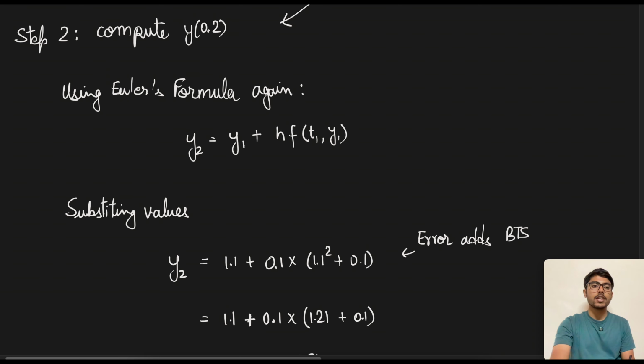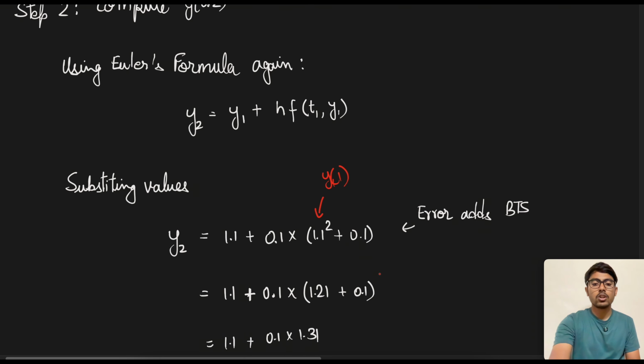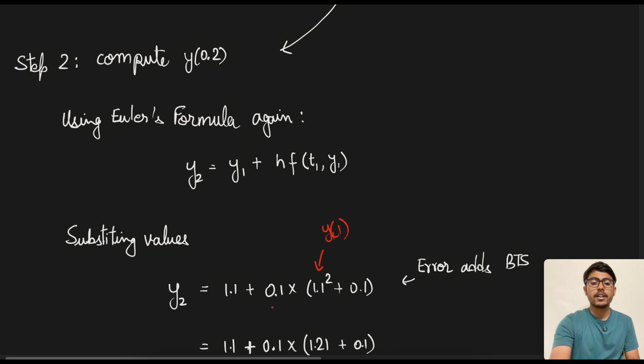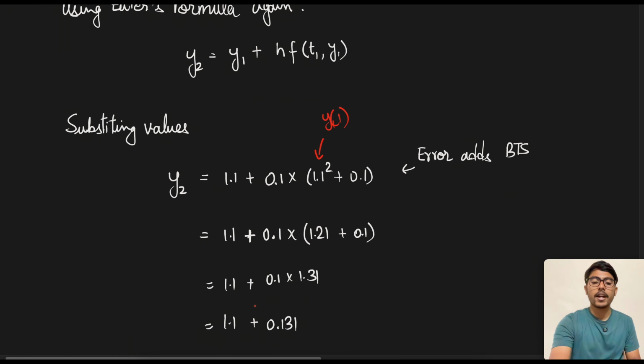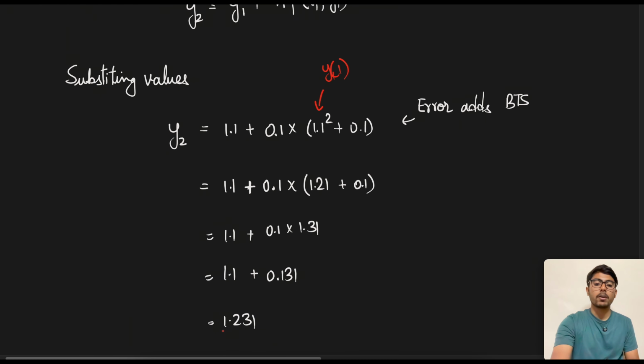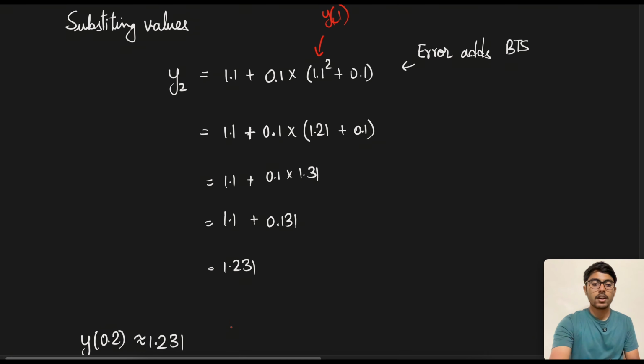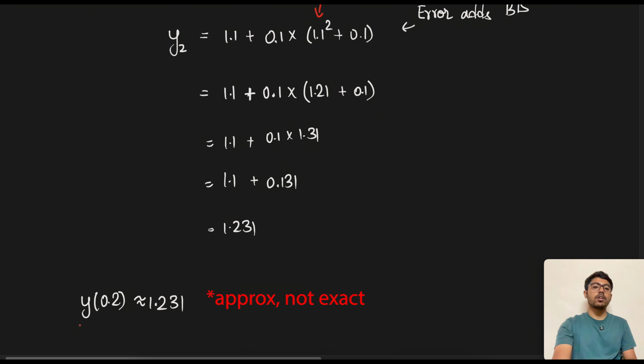Now if you see here, since we are squaring y1, which is again an approximated value, error keeps getting added like this behind the scenes. So that is what is written here, right? In that instance we just multiply it in the same manner and we get 1.231, which is equivalent to the value of y of 0.2.